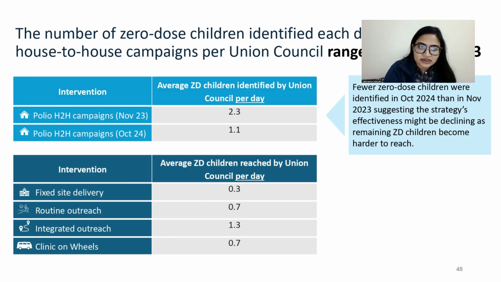Between 2023 and 2024, though the national estimates on zero dose number were very consistent, our analysis shows that fewer children were identified through polio house to house campaign in 2024 compared to 2023, which could be a possible indicator of the effectiveness of polio campaigns in identifying zero dose children in the country.